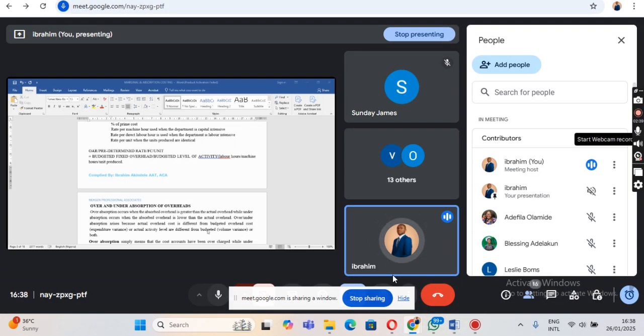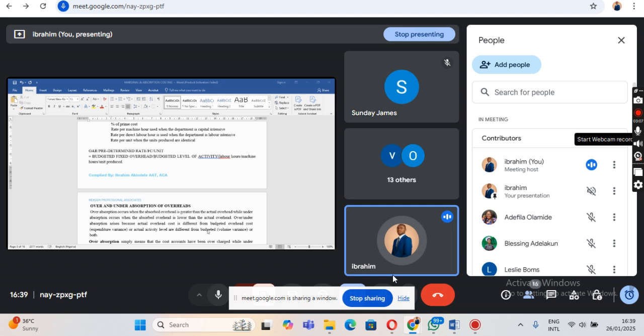Now, what will you use to calculate the overhead absorption rate? Let's pick it from there. I stated in our last class that the overhead absorption rate, or predetermined rate, or fixed cost per unit, is calculated as budgeted fixed production overhead divided by your budgeted level of activity.